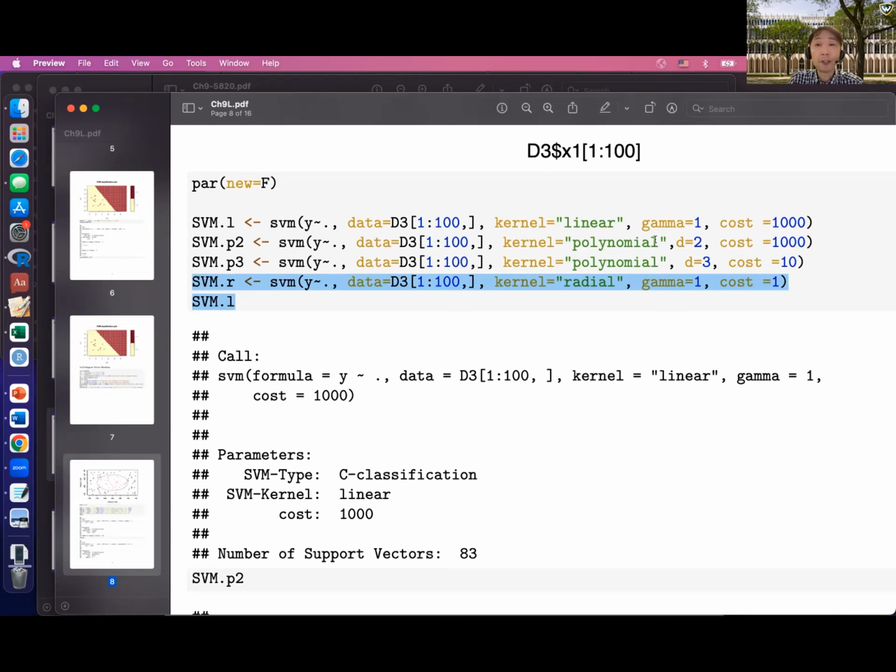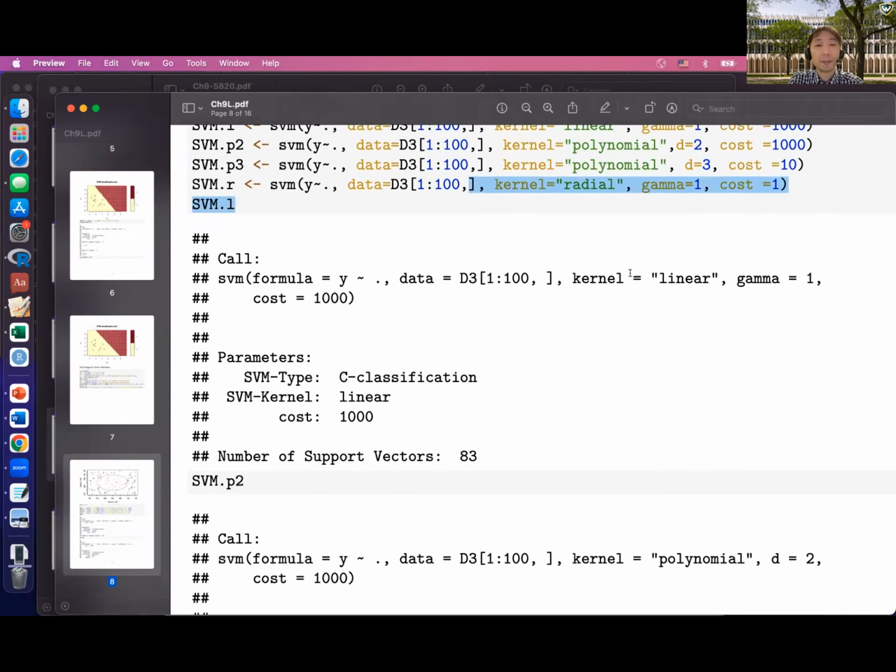But when we know d equal to 2 is sufficient, the radial kernel is maybe too much. So it's maybe better than the linear kernel, but probably worse than the polynomial kernel in this case.